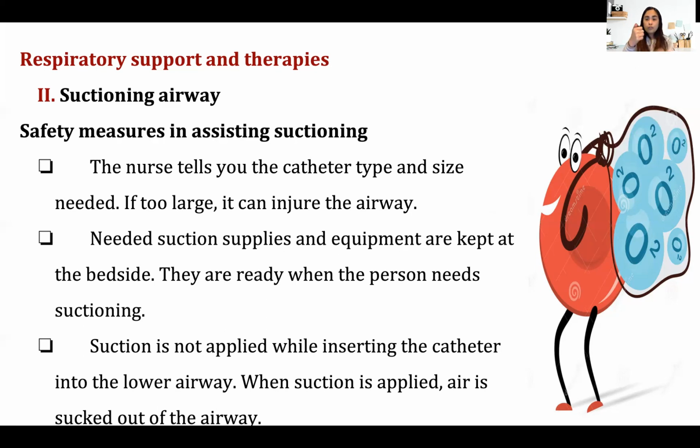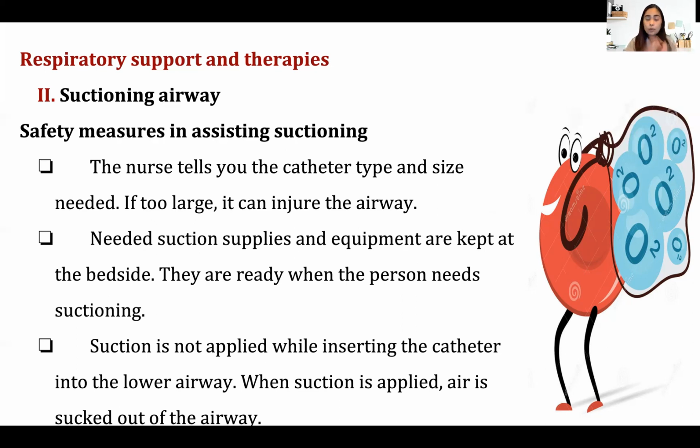But if you're removing the catheter, or the tracheostomy catheter, then you apply the suction. I'll repeat: if you're inserting, don't press the suction. It should be applied when you're removing the catheter.